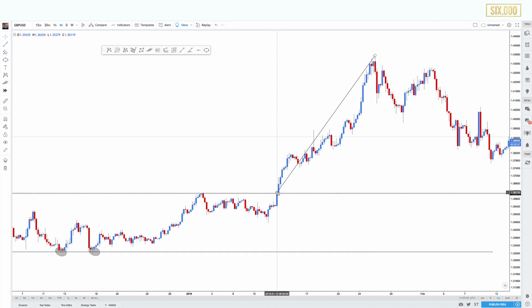So again, you'd be looking to buy in this situation. You would need to have predefined entry and exit levels. So where are you getting into the trade and where are you getting out? So you may have got out of the trade right here. Again, this would all be predetermined before you enter the trade. Or it may be here. Or it may be way up here.